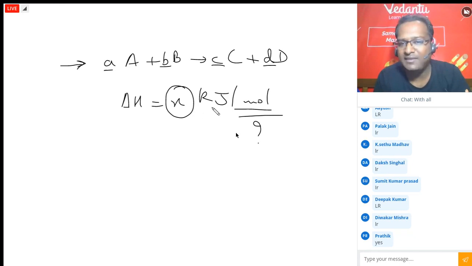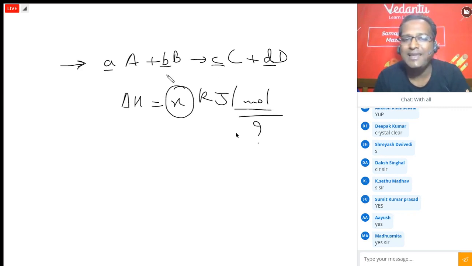When we say X kilojoule per mole, we mean per mole of the written reaction. मतलब जैसा reaction लिखा हुआ है वैसे ही conduct होगा, तब X kilojoule energy उससे associated होगी. Now apply this in the next question.